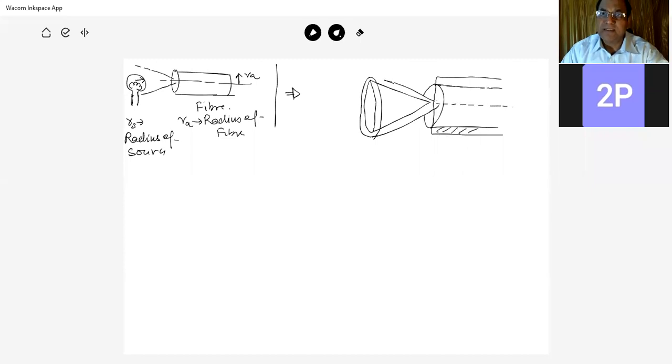So this part is cladding, and here it is core.